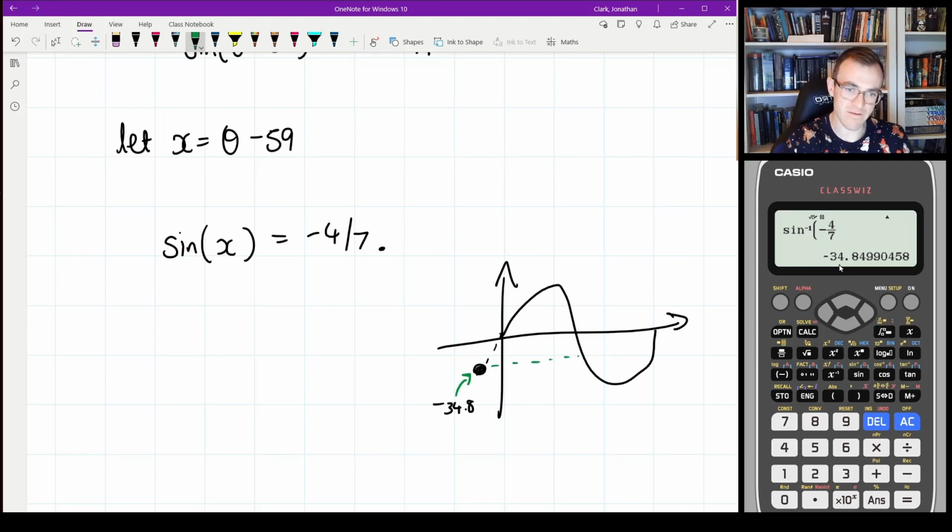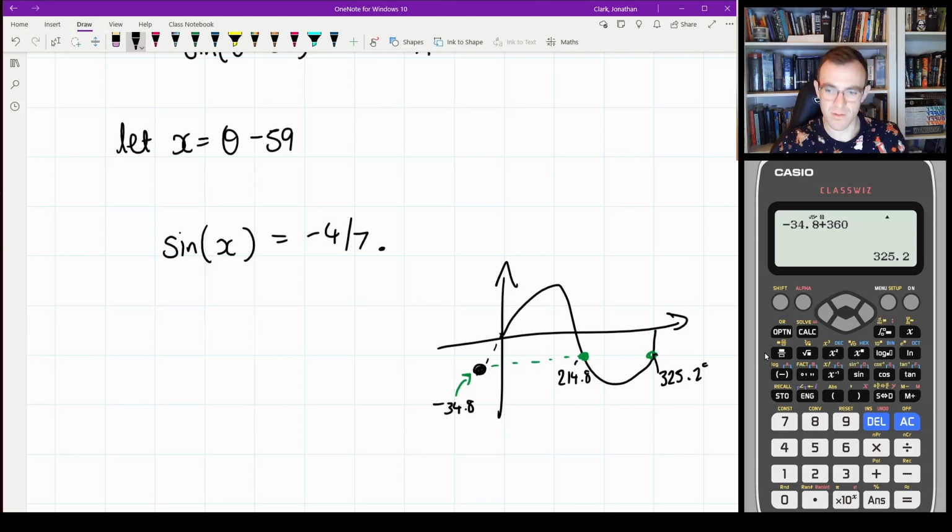We're going to have another value over here by doing 180 minus it. 214.8. And we're going to get the last value by doing the original point minus 34.8, add 360. 325.2.